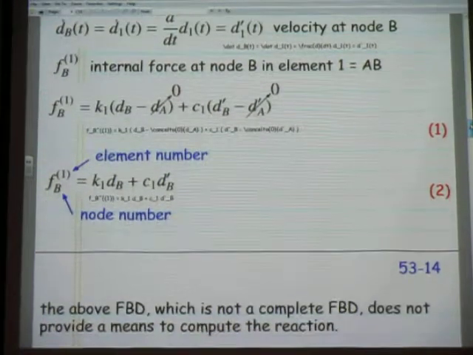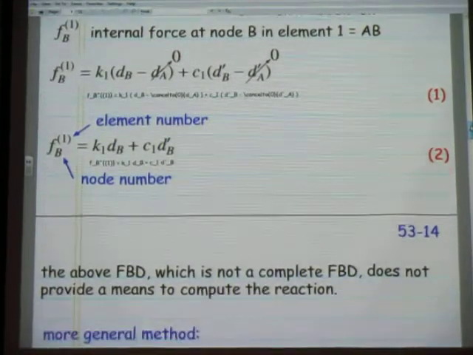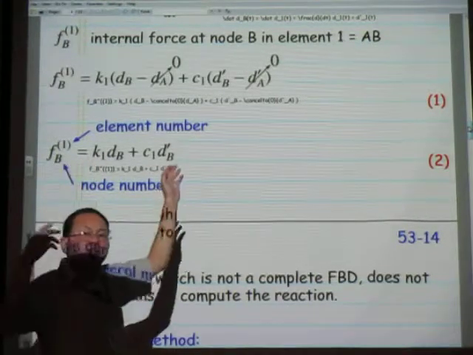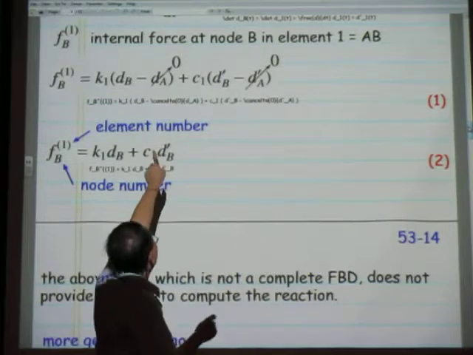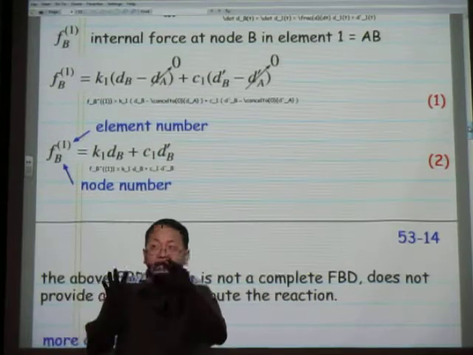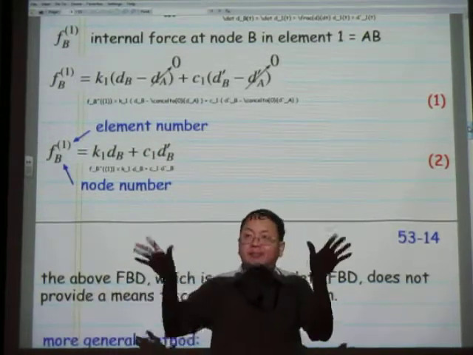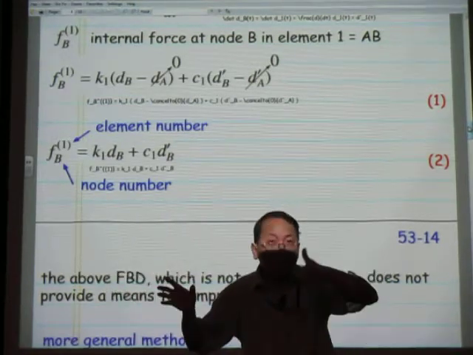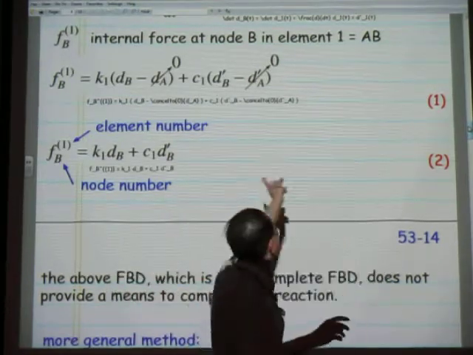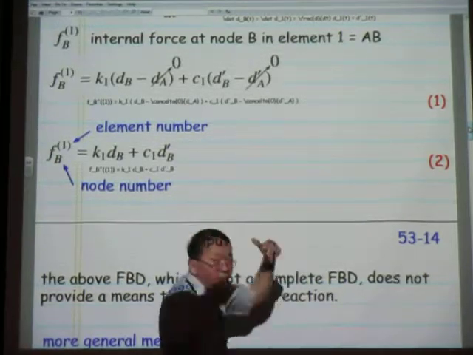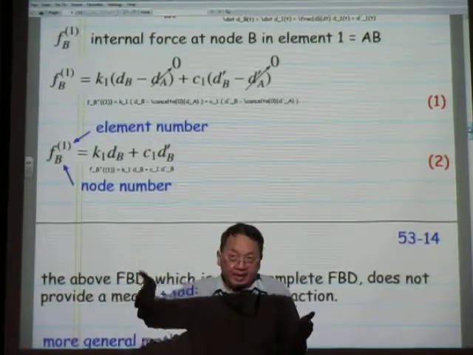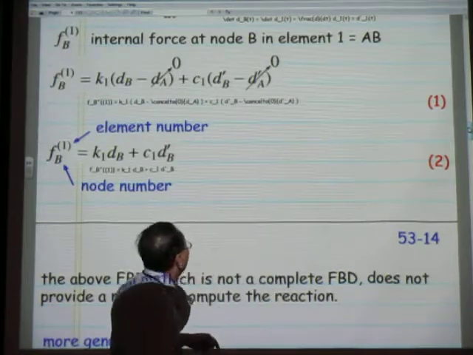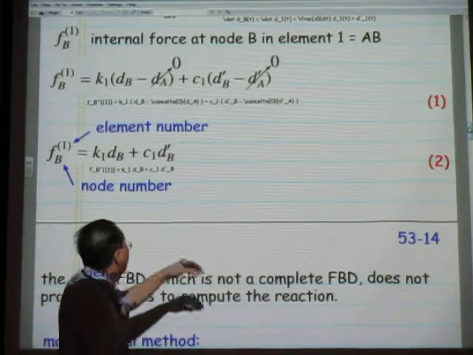Okay? And so once you introduce, at first try mentally to think not to replace dA and dA prime by 0 yet. Okay, write the full expression: dB minus dA, dB prime minus dA prime, and then you apply the boundary condition at A, and dA equals 0 and dA prime equals 0. dA prime or dA dot means the same thing.